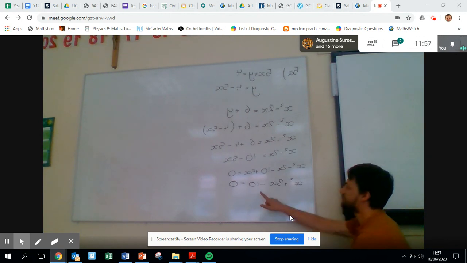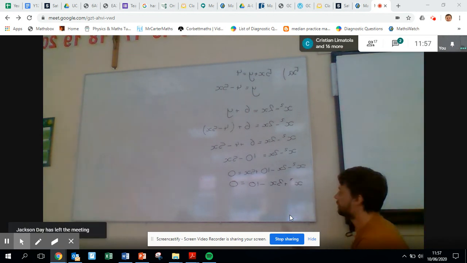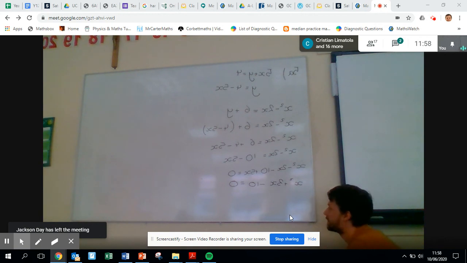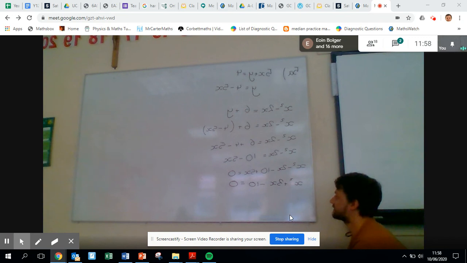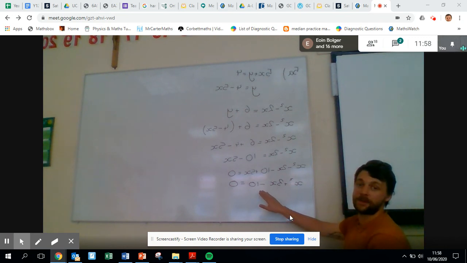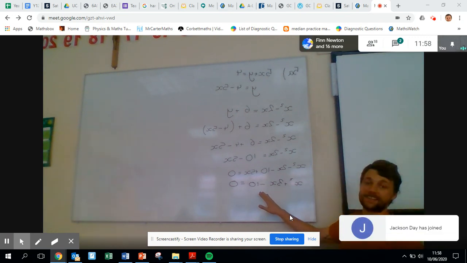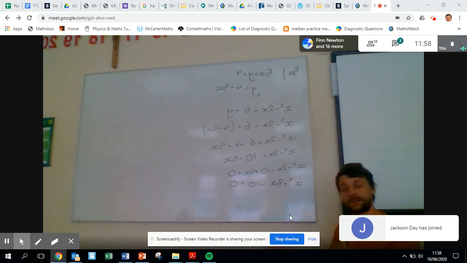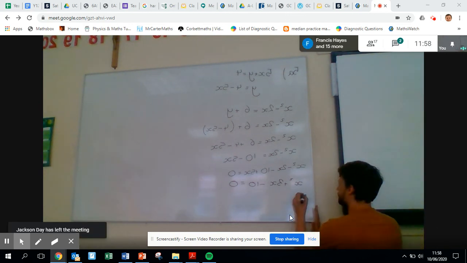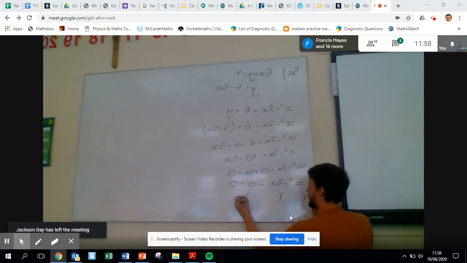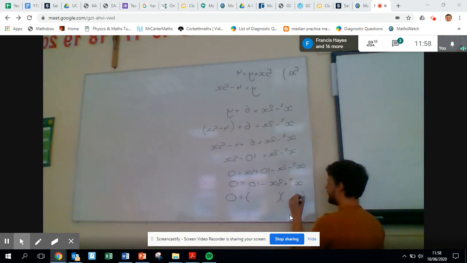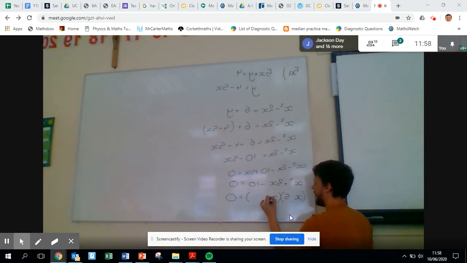So we look for numbers that multiply to make 10 and add to make 3. So 10 and 1 doesn't work. 5 and 2 could work. And obviously, one of them needs to be a negative because our constant here is negative. So one negative and one positive multiplied together make a negative. So we know it's going to be x and 5, x and 2.